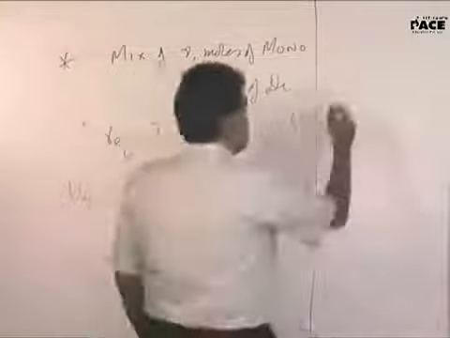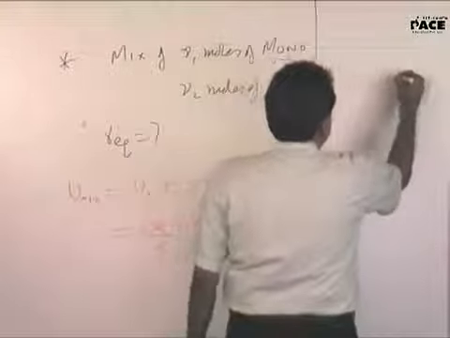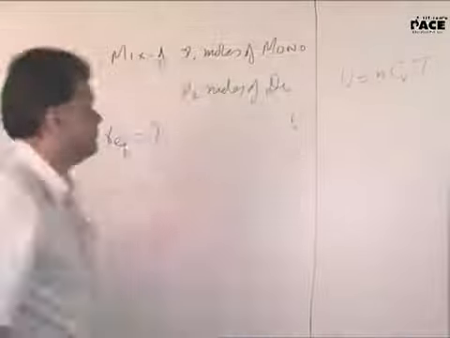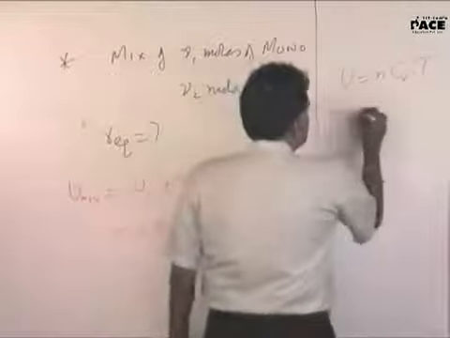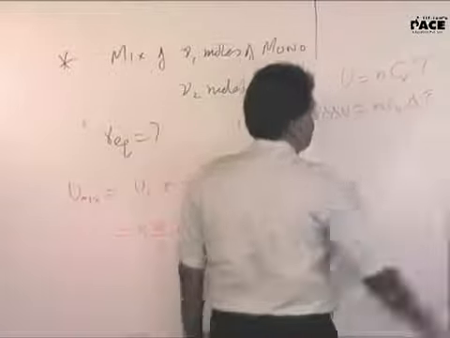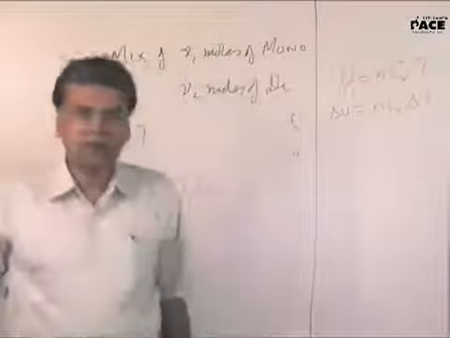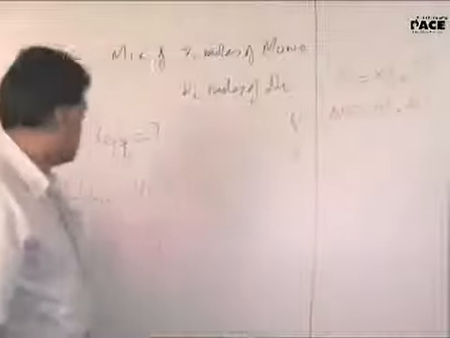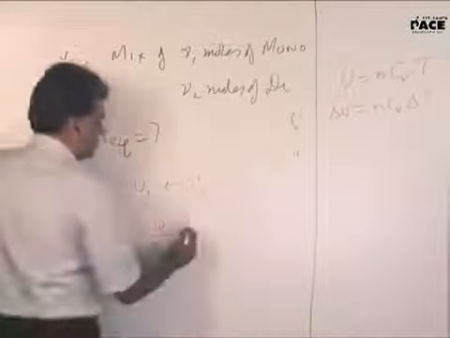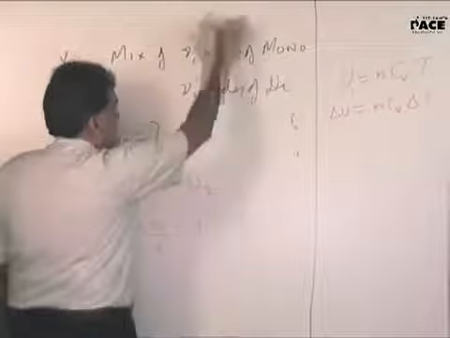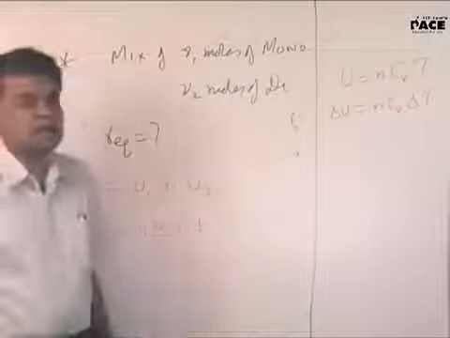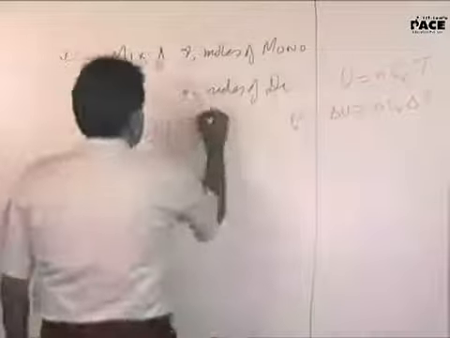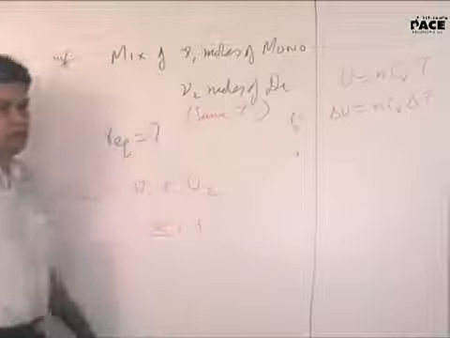Basically, your U becomes n Cv T. You can think of it like that also, or f R by 2. Whether you say U, or you can say delta U is n Cv delta T. All the formulas come from there itself. So U, we had got what it fundamentally is. This will be nu1 3R by 2 T plus. Now we are assuming that you are mixing at the same temperature. You might add that because I have not said it explicitly, but let us say that.